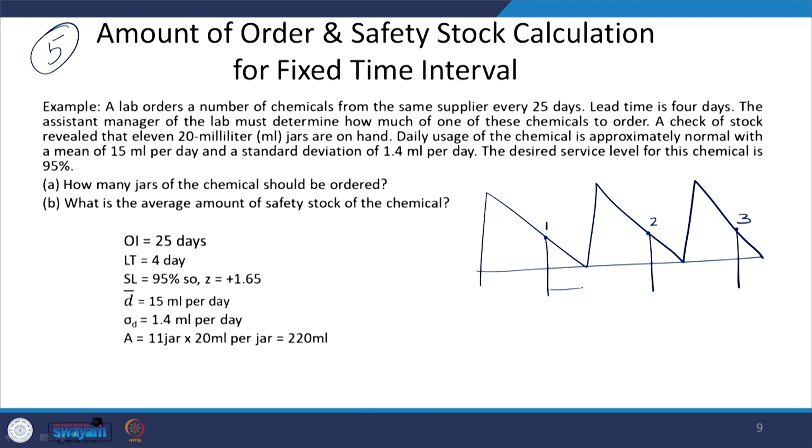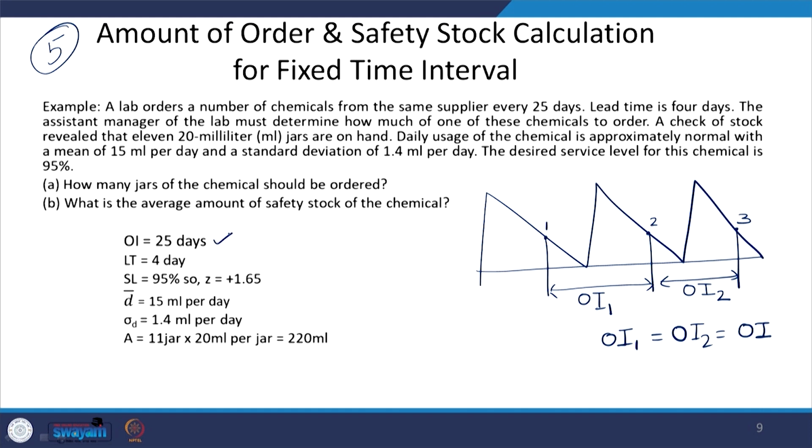So, this period of order interval, this is OI1 and this is OI2. So, OI1 is equal to OI2 equals to OI, and that is given as 25 days in this particular case.